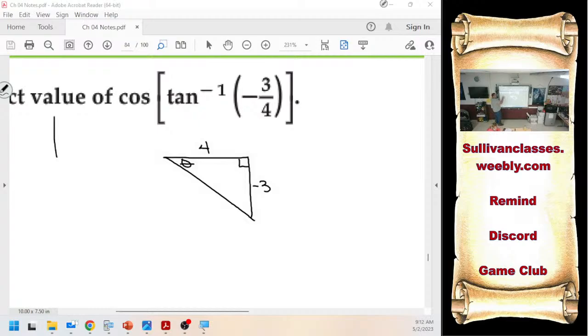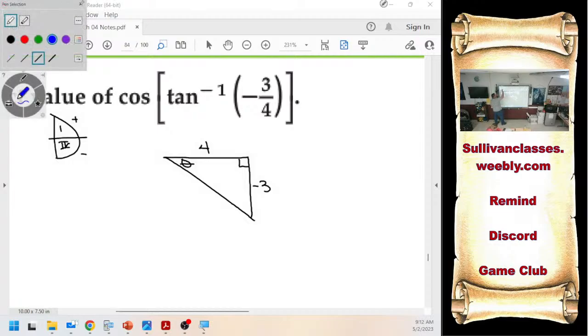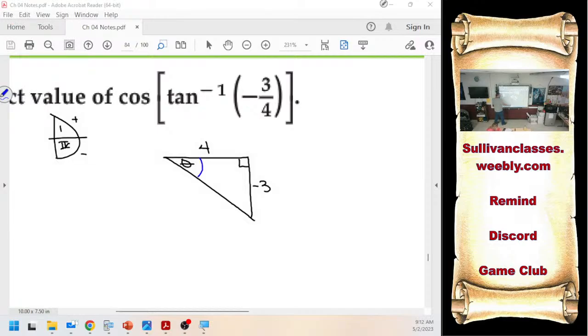Because arctangent is only in quadrants 1 and 4, and because these are the positive and these are the negative values, I know that since the tangent value is negative, my angle has to be down in quadrant 4. If I do arctangent of -3/4, it's going to give me this angle.